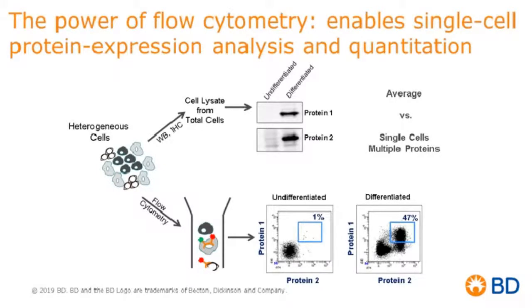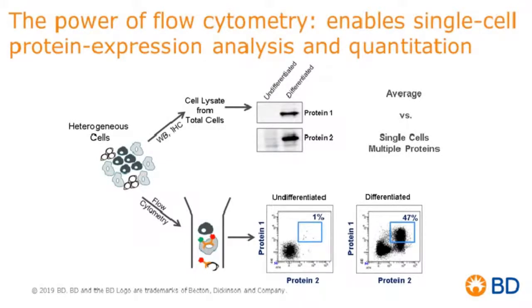A Western blot will not tell us how many cells out of the total express the protein. So if we really want to quantify the frequency of cells expressing a specific phenotype, we need to use single cell analysis like flow cytometry, as you see in the panel below.